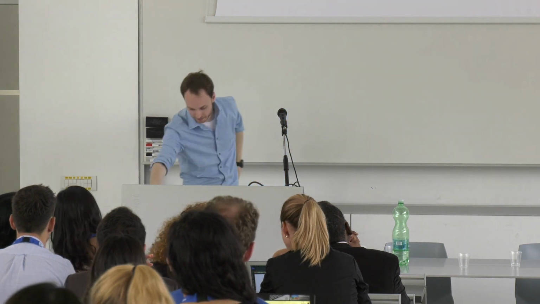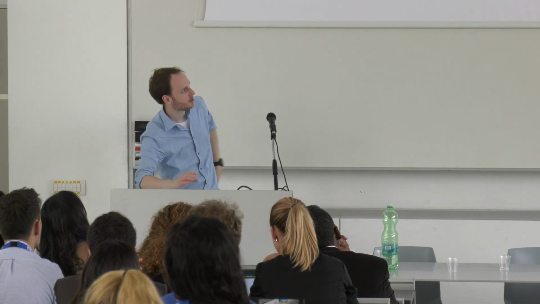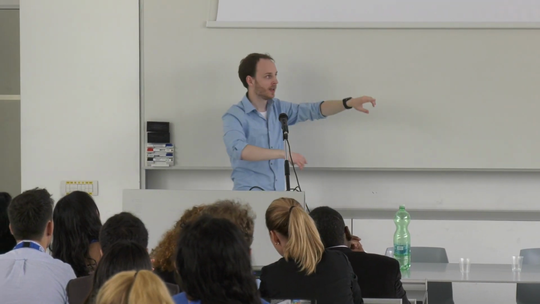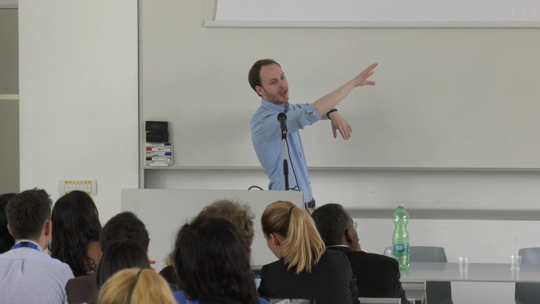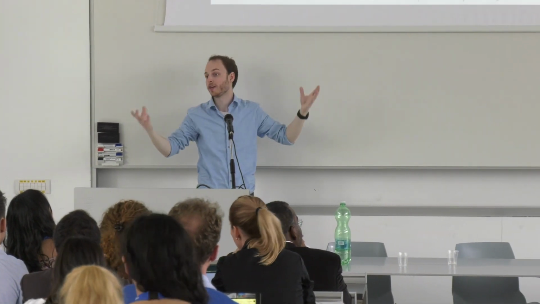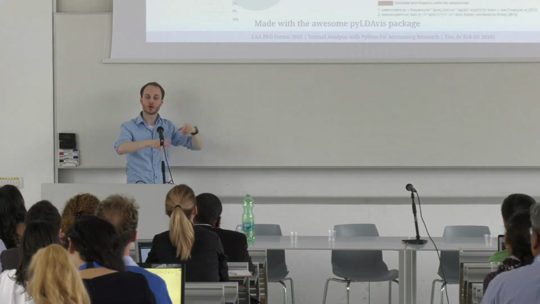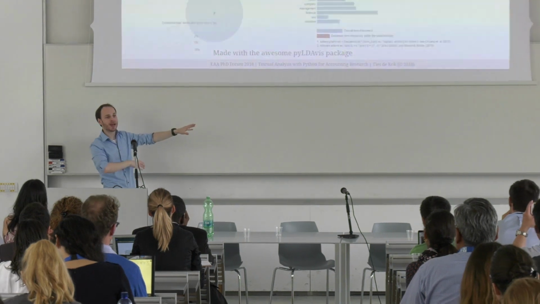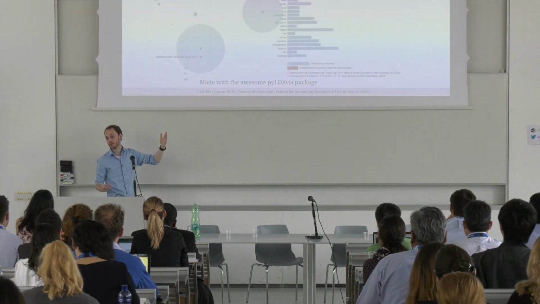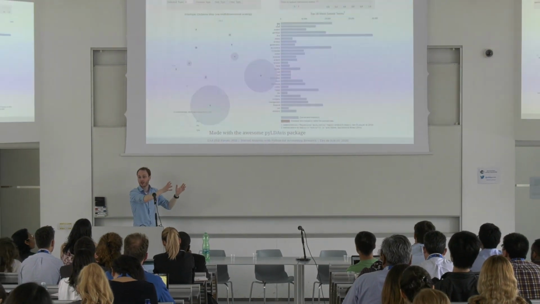One thing you can do, for example, is I have tax here. If I hover over tax, I can see that group 6 and group 8 tend to be the ones that relate to tax the most strongly. So I could use this to try to identify whether a paper is a tax paper, yes or no. But I need to identify which of these different groups belong to tax.